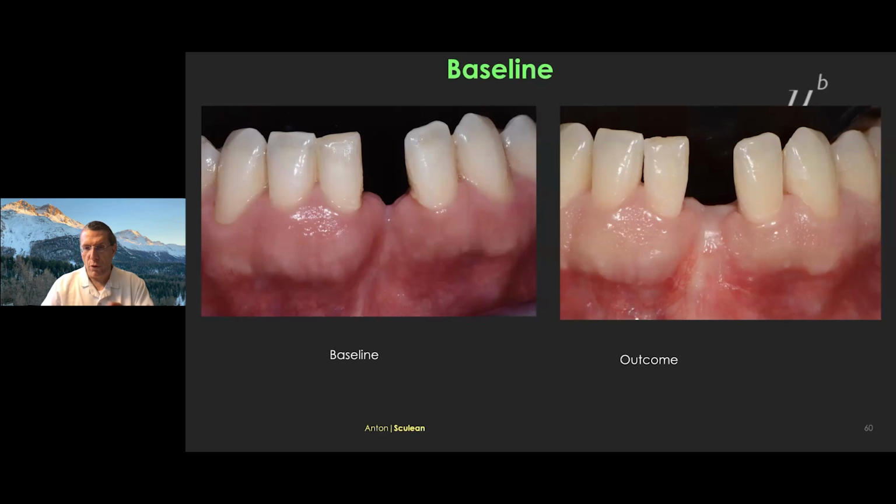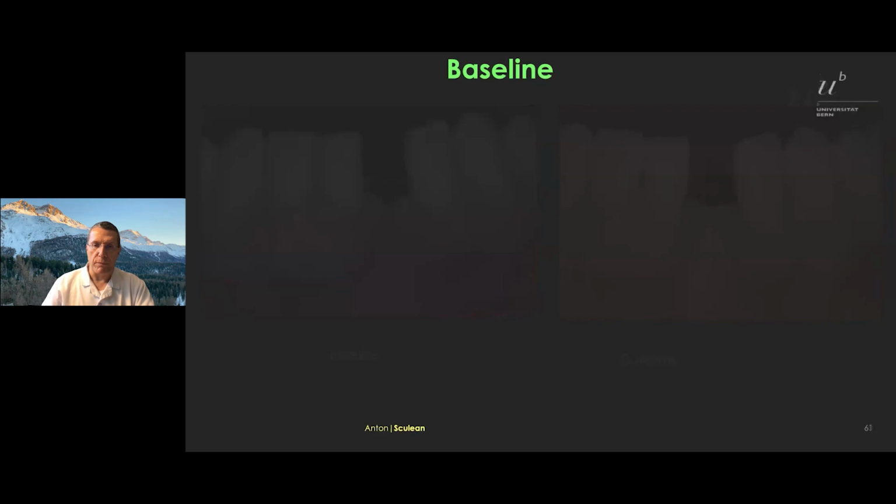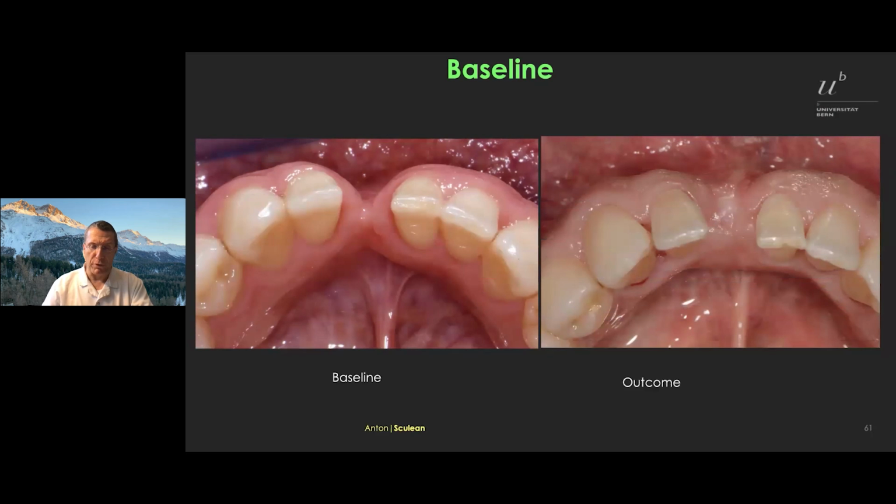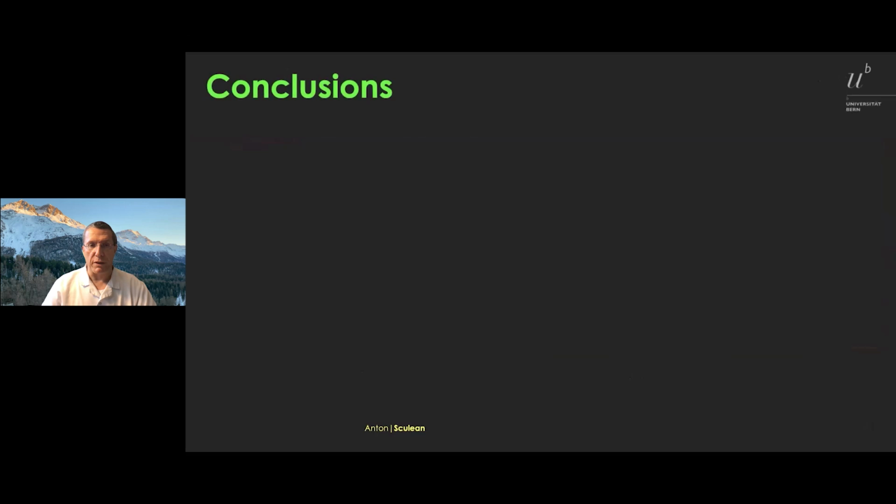So we have also a certain, maybe only 2 millimeters coronal or vertical augmentation. So when I look at the situation from an incisor point of view, you can see the gain in volume and even an improved keratinization. So this is also an indication for the use of this material.